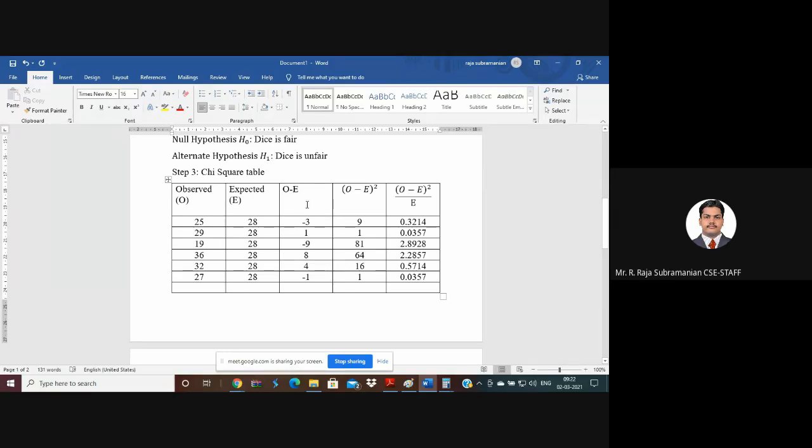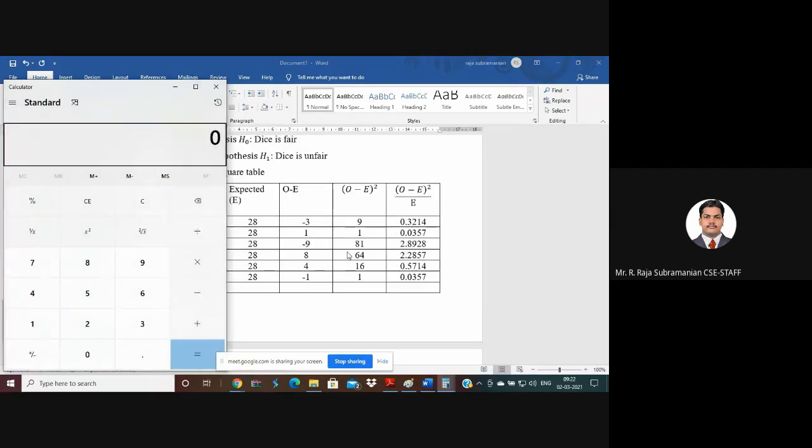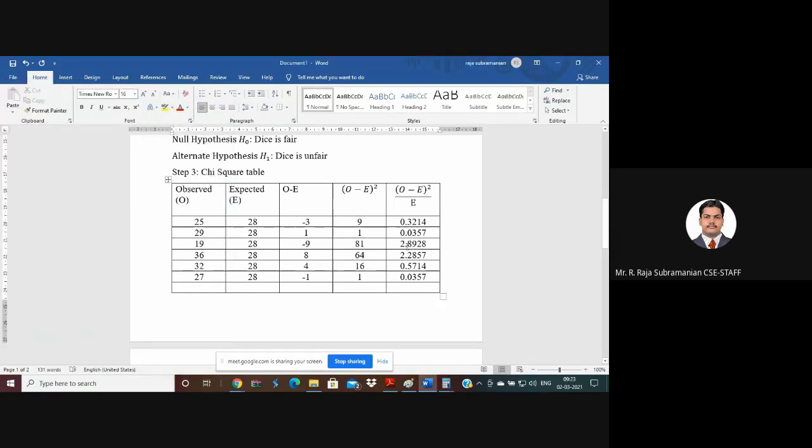I take my calculator again: 0.3214 plus 0.0357 plus 2.8928 plus 2.2857 plus 0.5714 plus 0.0357. It gives me 6.1427. Hope it is correct, right? 6.1427.